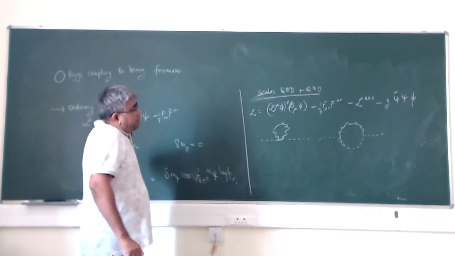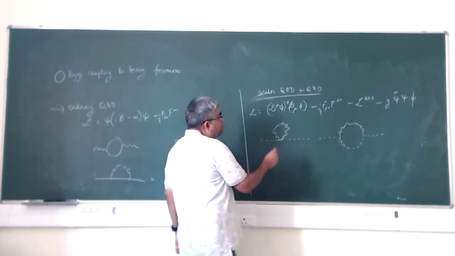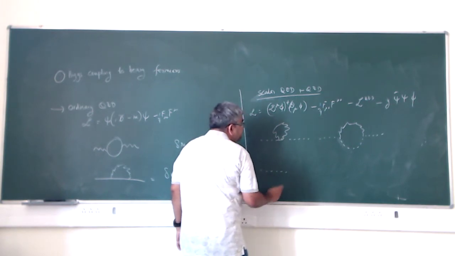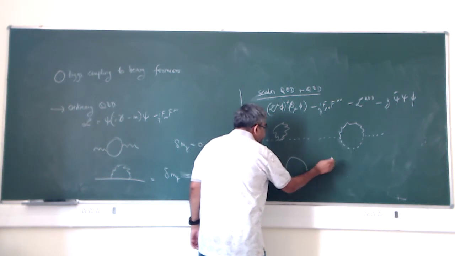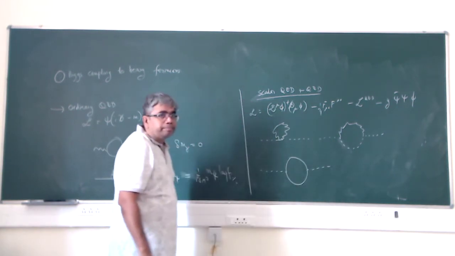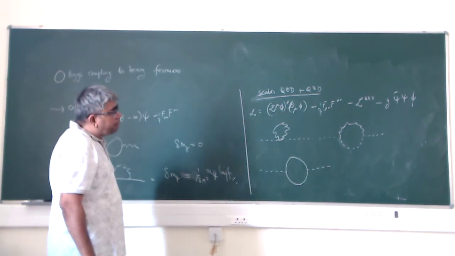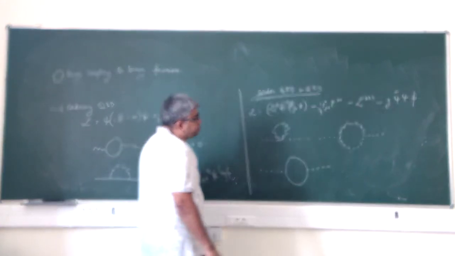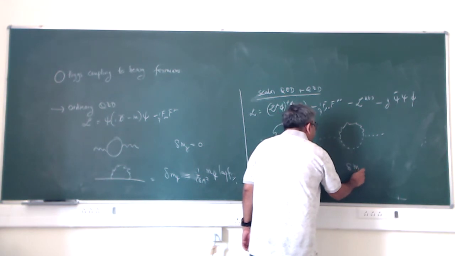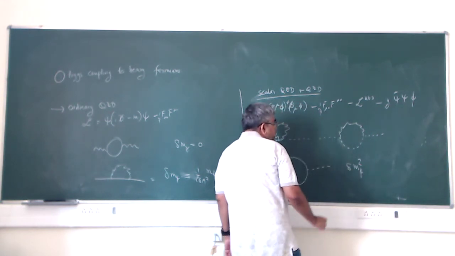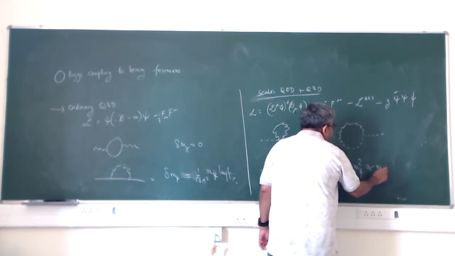And then there are also corrections proportional to the fermion. If you look at the scalar corrections, for example, delta m phi squared is proportional to m psi squared.